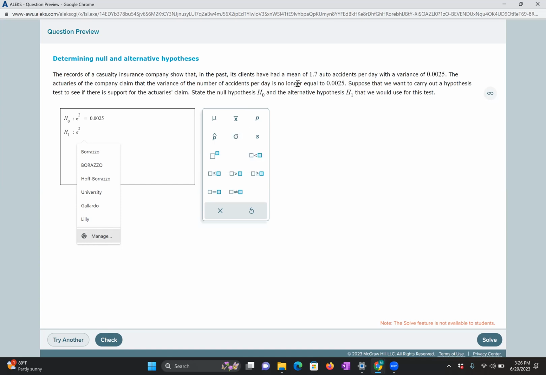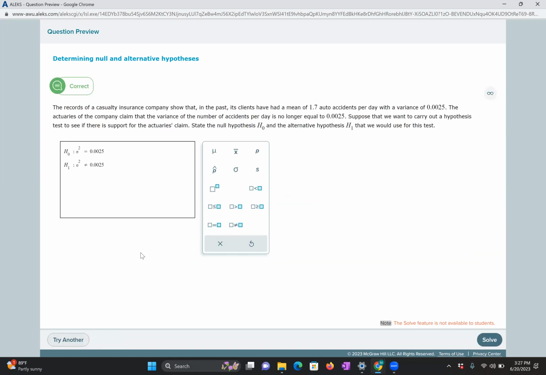And according to this, it is no longer, so they're just saying not equal to 0.0025. So be careful with the notation on these because it is tricky.